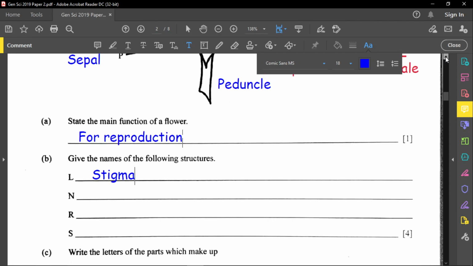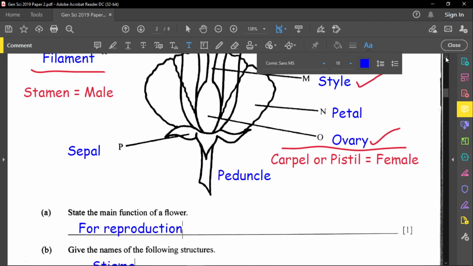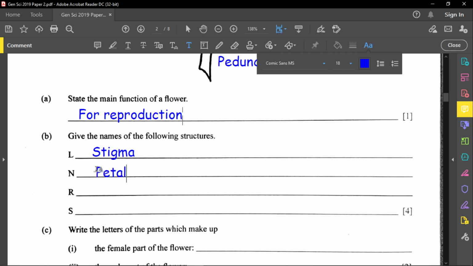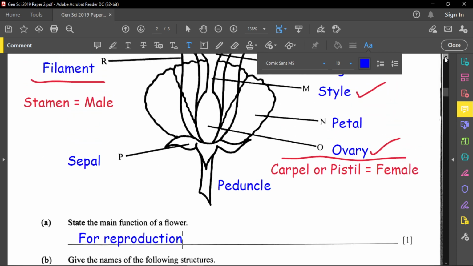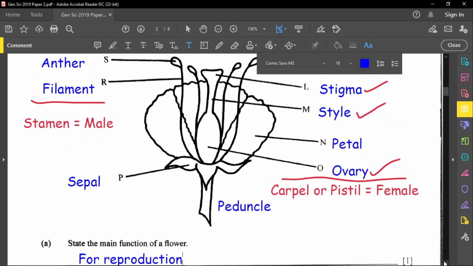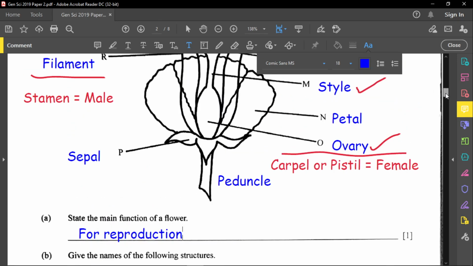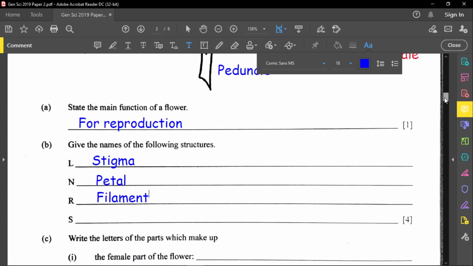N is the petal. R is the filament. And S is the anther.